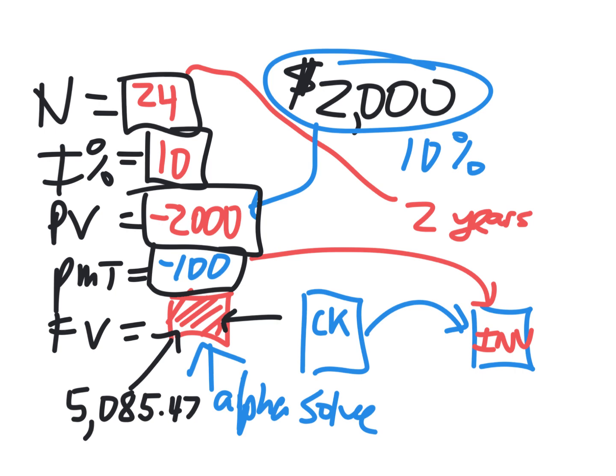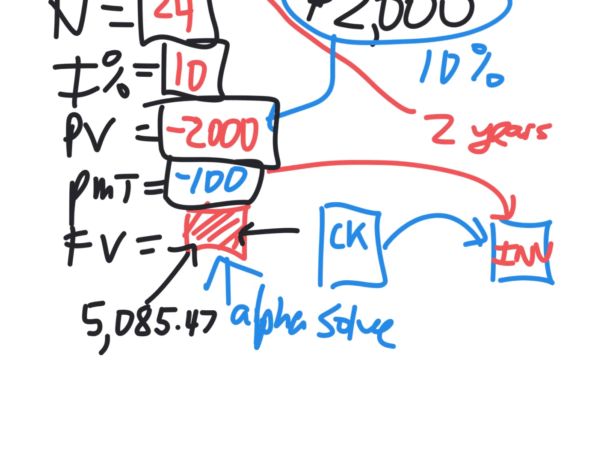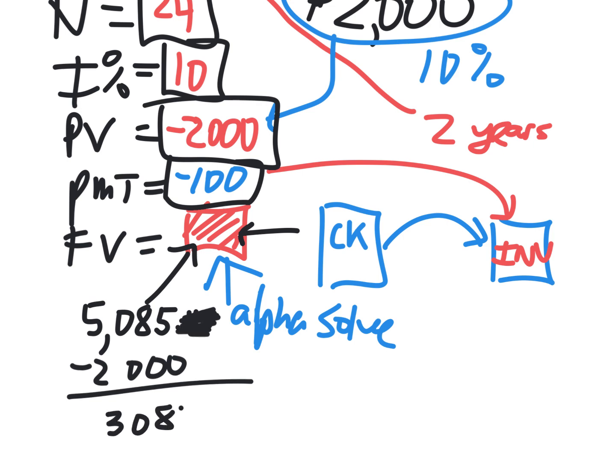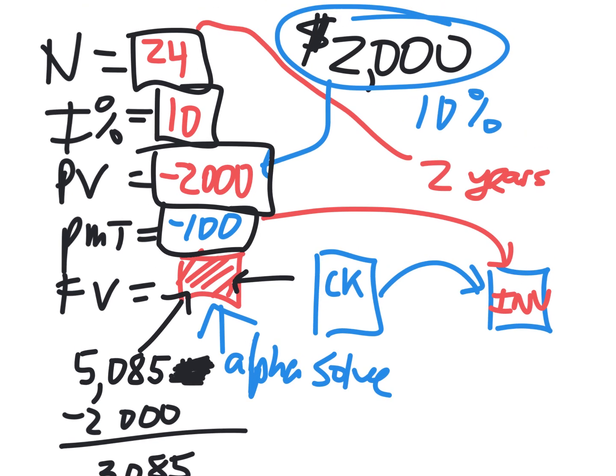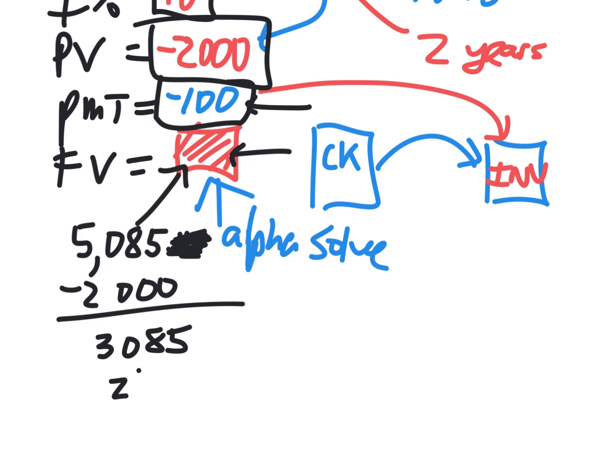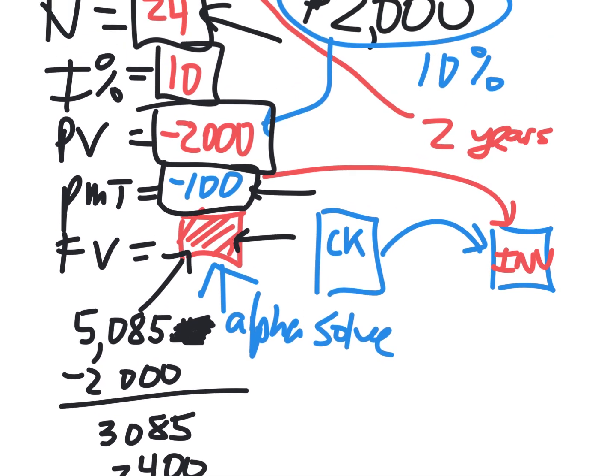Okay, cool. So, did you make money? Well, yeah. You made money. You could actually figure out how much money you made in interest by saying you started with 2,000, so you'd take away the 2,000 from it. And I'm going to round off these pennies. Then that means I made about 3,085, didn't I? No. I made 24 payments of $100, which is 2,400 is what I actually paid.